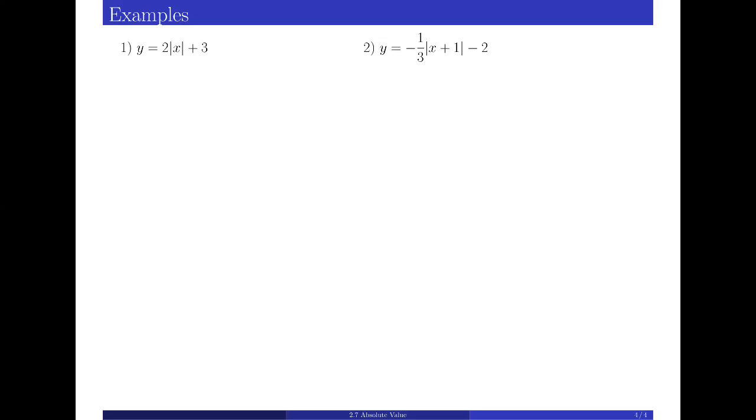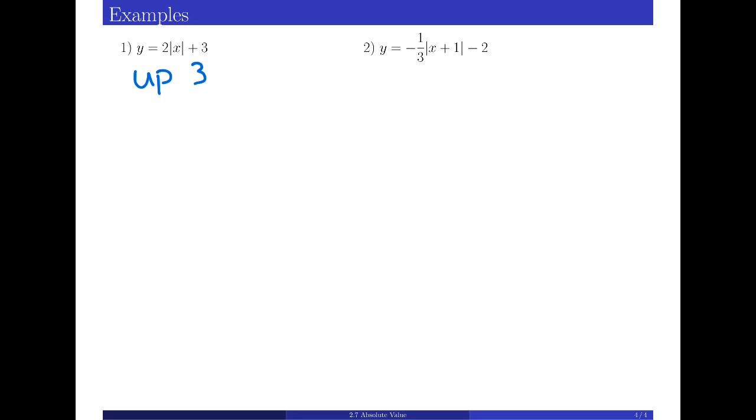So when you graph these, I'll expect that you compare this graph to the graph of y equals absolute value of x. So first of all, on this one, we have just absolute value of x. So it does not move left or right. Right? It's x plus 0. It doesn't move anywhere. But then we have this plus 3, which is going to shift us up 3.